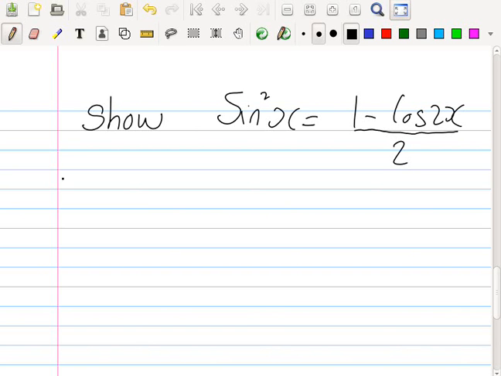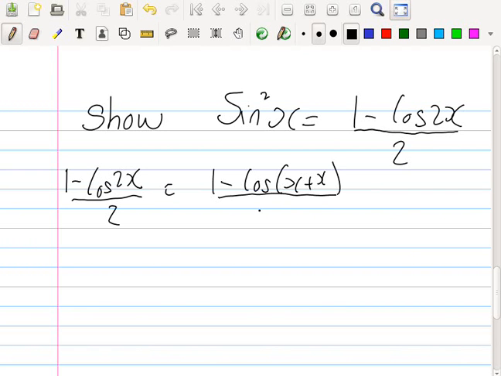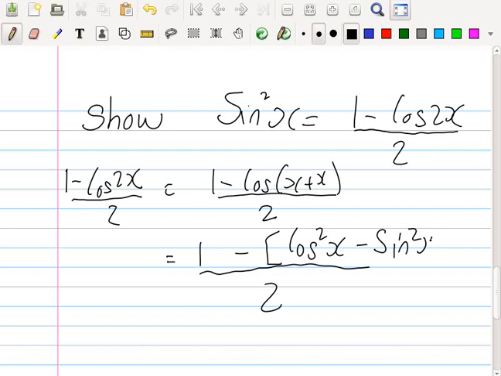So if we start with the right, 1 minus cos 2x over 2. Now you've got to remember this is a double angle, or in other words, it's the same as cos of x plus x. So you can use your compound angle or your double angle formula here. Who remembers what cos 2x is? Very good. It's cos squared x minus sine squared x. The reason for that, if you remember, is it'll be cos x plus sine x times cos x minus sine x.